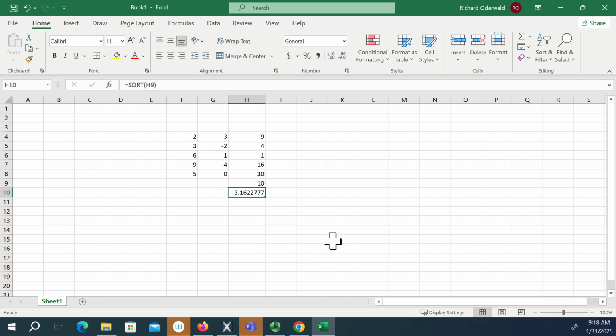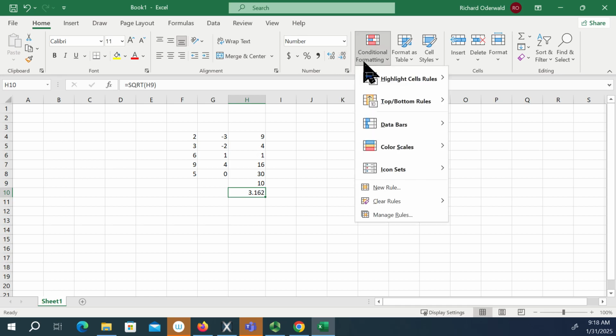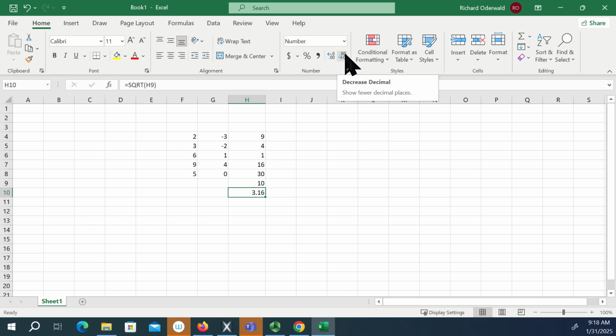To knock off decimals easily, if you go up to the top there where it says number, there's a menu and it shows an arrow going one way and an arrow going the other. You just click on that, it knocks them off one at a time. Just rounds them. So it's just a shortcut way to do that. But now, my standard deviation is 3.2 feet.